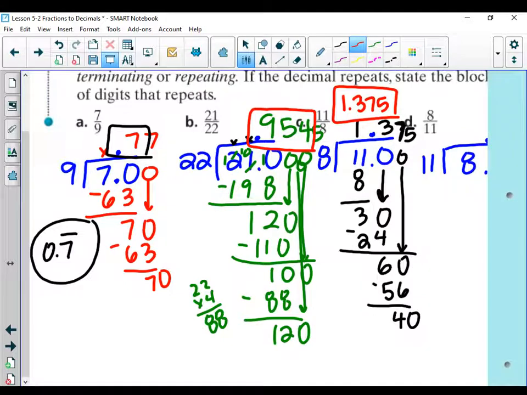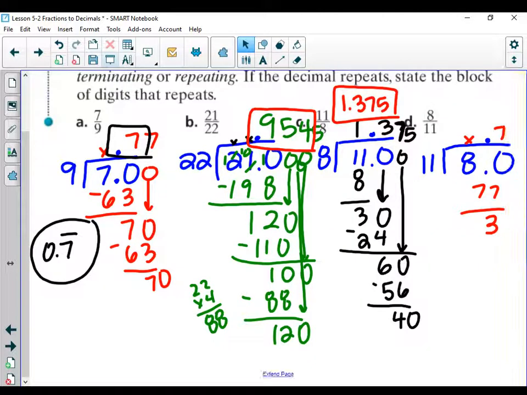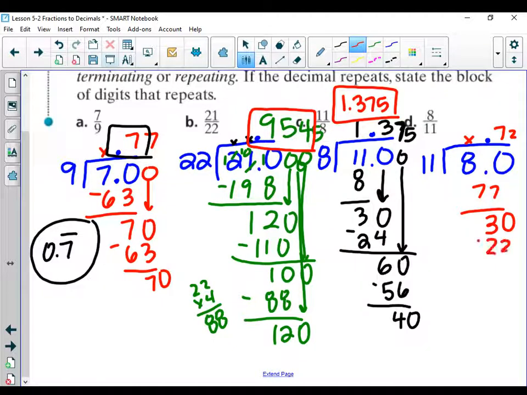Last one. No room. Another repeating one.